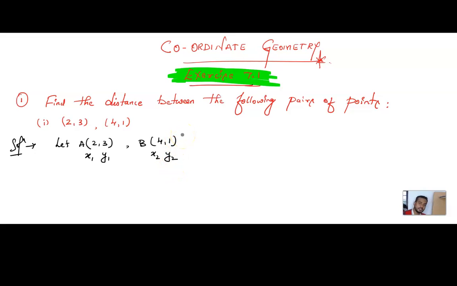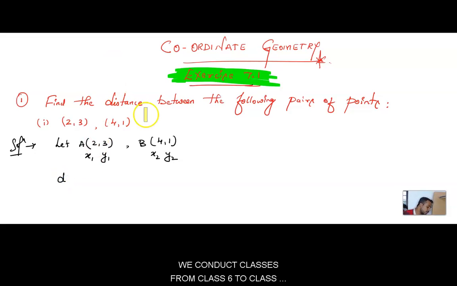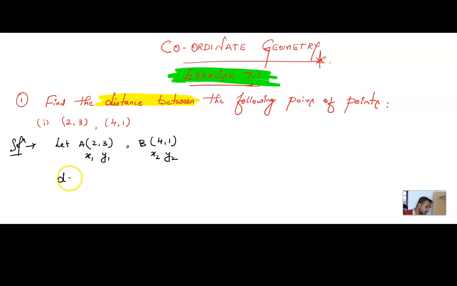Now we write the distance formula, because in the given problem he is asking us to find the distance between the points. It means we have to use the distance formula, that is d is equal to root of (x2 minus x1) whole square plus (y2 minus y1) whole square.